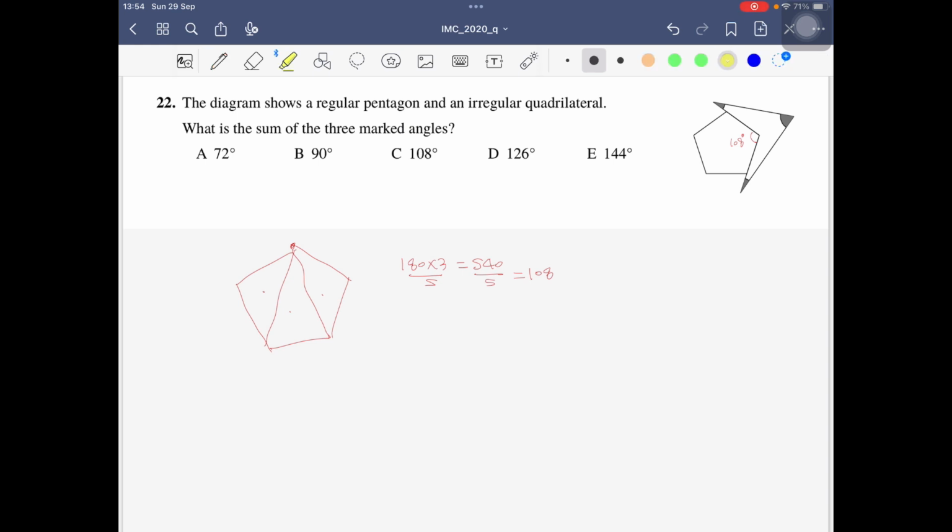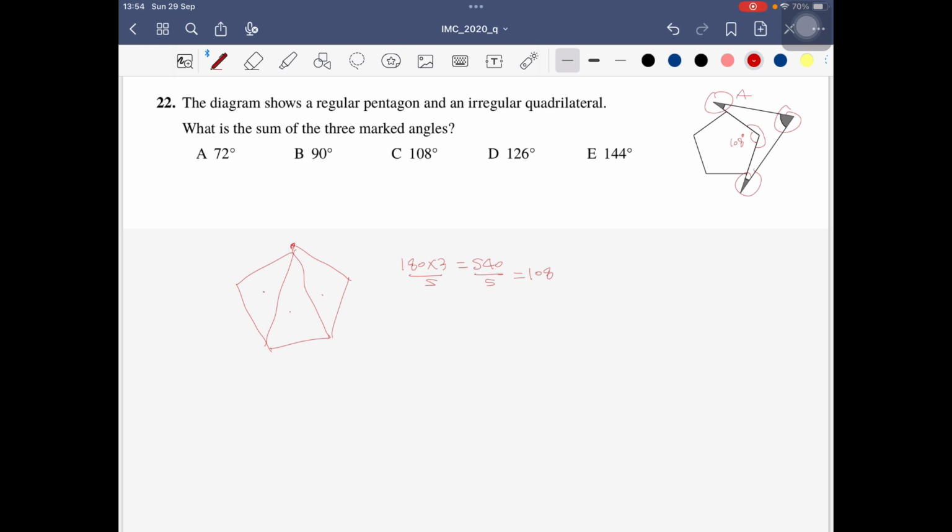If you figure it out, what is this shape? Actually, this is just a quadrilateral. It has 4 sides and 4 angles. But it has this reflex angle, so we can't call it a convex quadrilateral. Anyway, what it means is the sum of the whole interior angles should be 360.